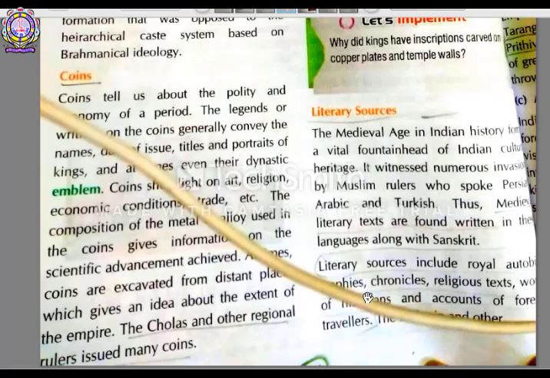Chronicles were there. Chronicle means history. Religious texts were there. With the help of religious texts, we can know which religion was prevailing. And travelers who came to India, who were traveling here. Which country was interested in India? These are some points.